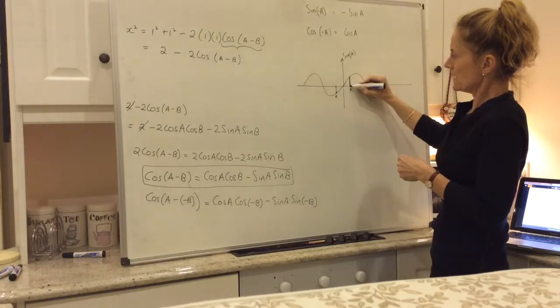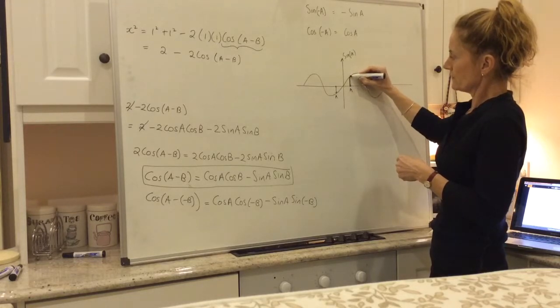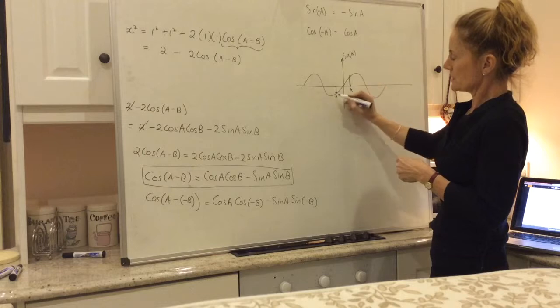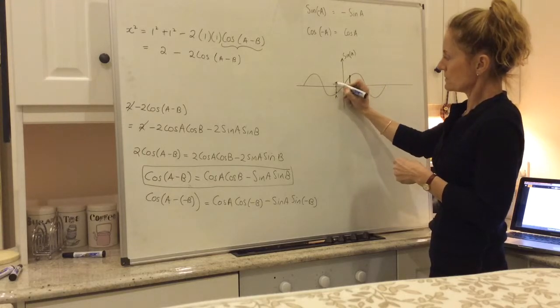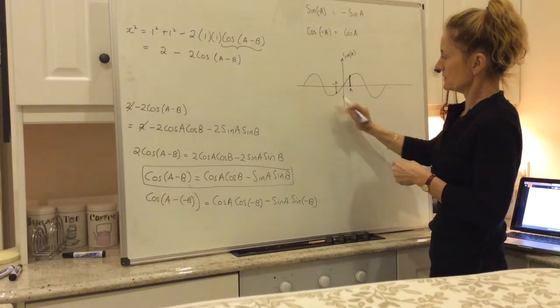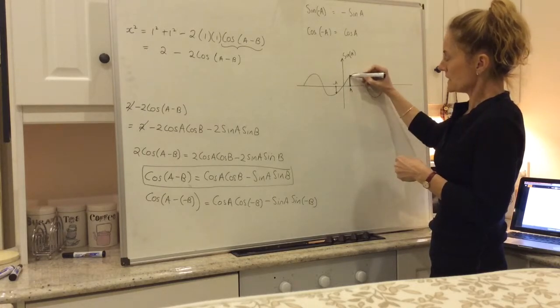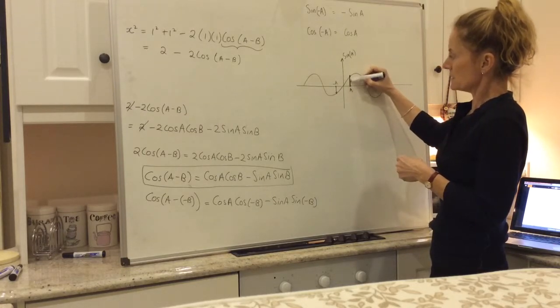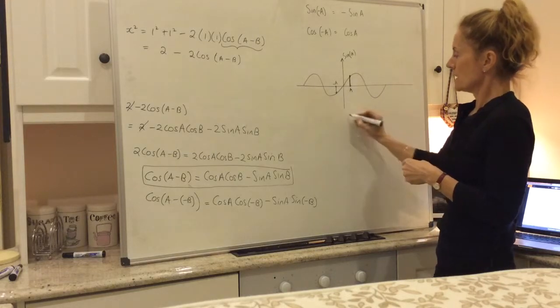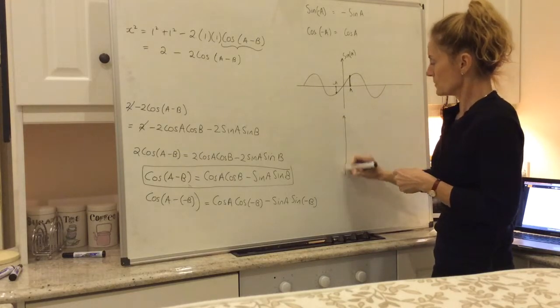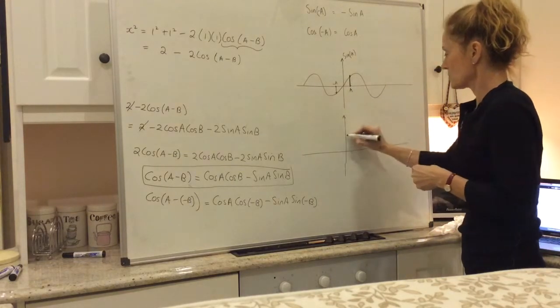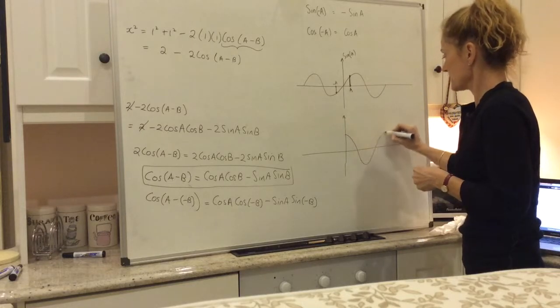So this is our sine function. If we're out here at minus A, the sine of minus A is exactly the same value, but it's minus the sine of A. And similarly with the cosine, the cosine function goes like this.